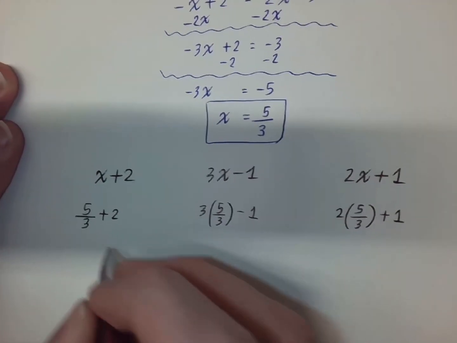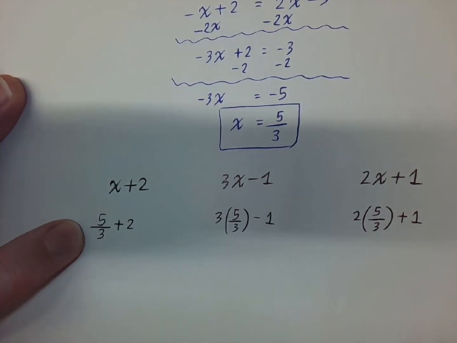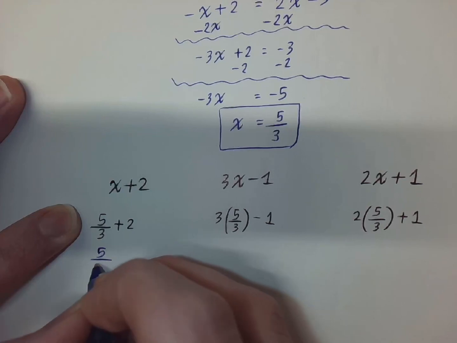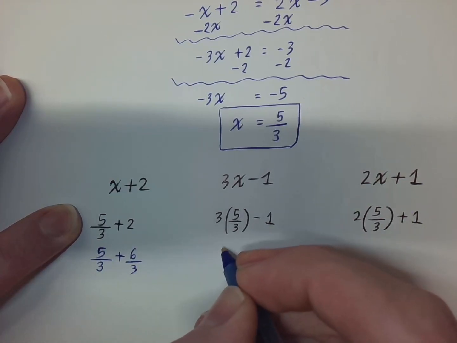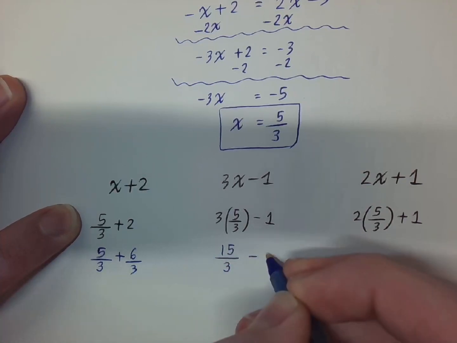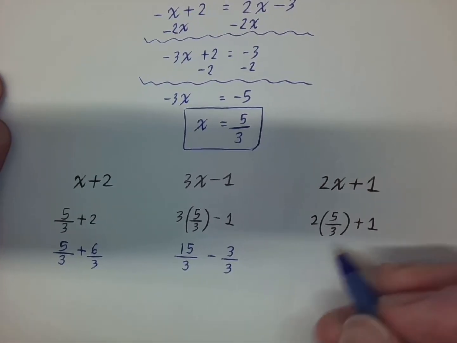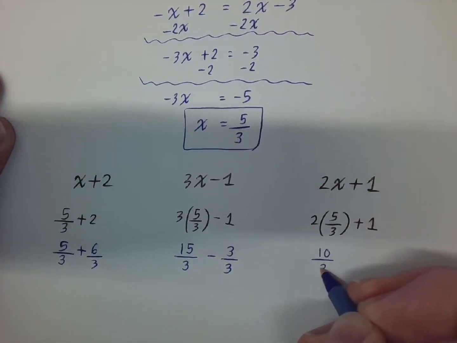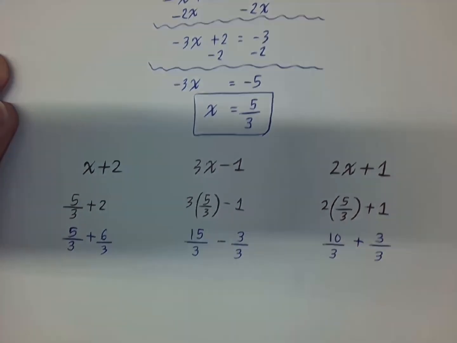So I'm going to have to make a common denominator. 5 over 3 plus 6 over 3, 15 over 3 minus 3 over 3, and 10 over 3 plus 3 over 3.